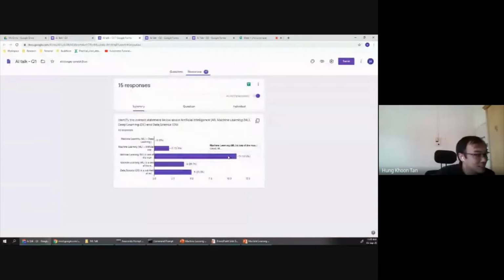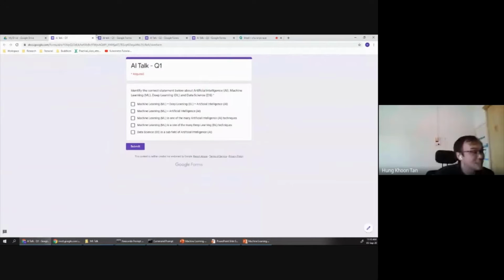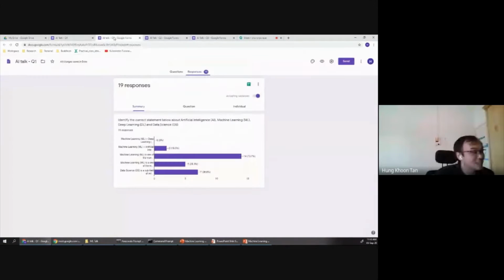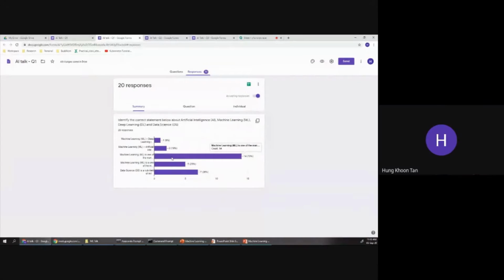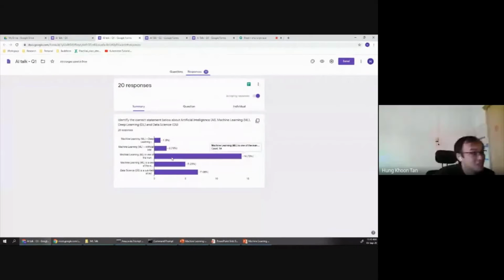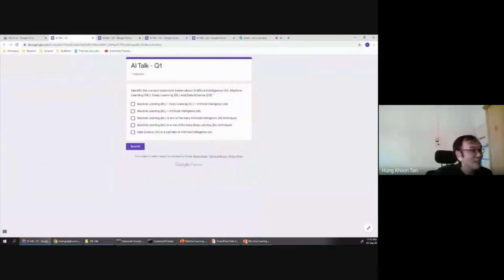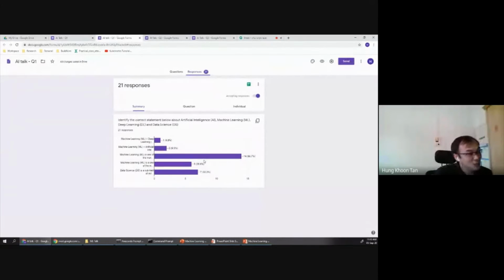One of the many AI techniques, yes. And quite a lot of you think that data science is a subfield of artificial intelligence. And one of the many deep learning techniques. So the correct answer would be number 3 and 4.